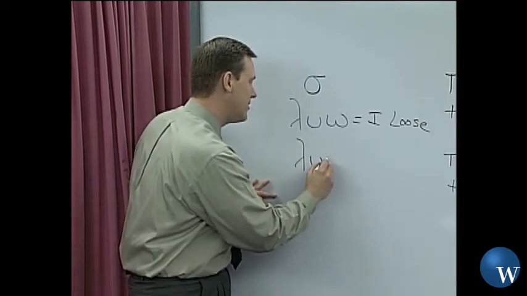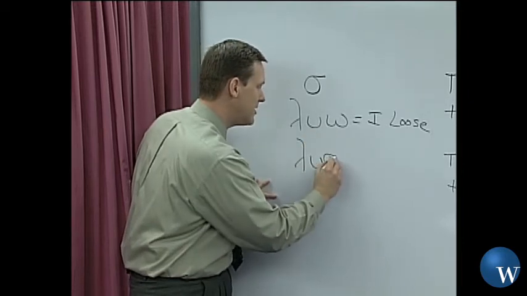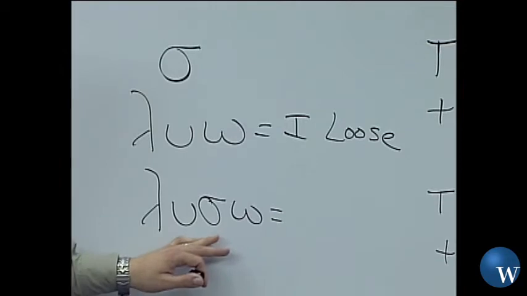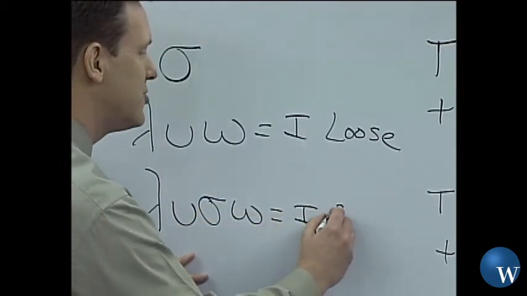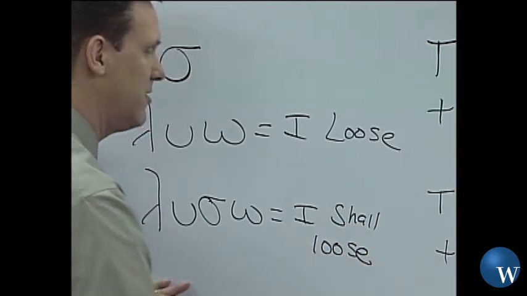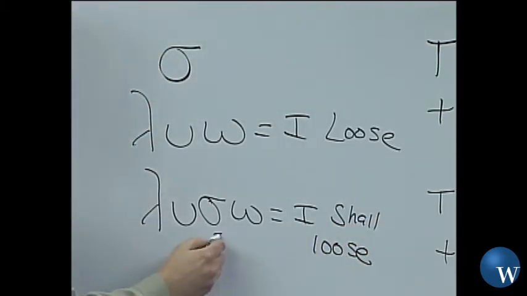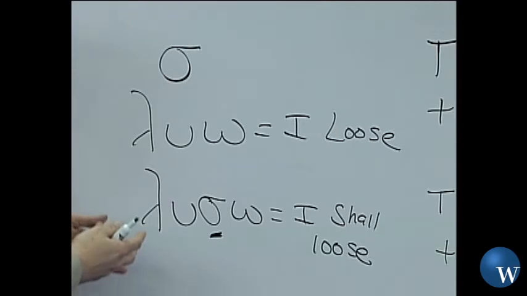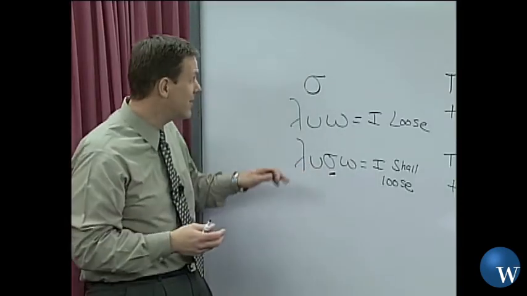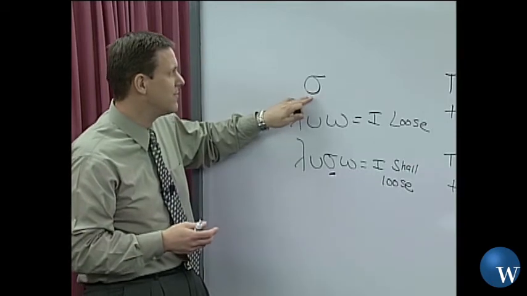If we wrote this same word but inserted a sigma here, this would no longer be I loose, but it would now mean I shall loose. That sigma, that sound, is telling us that this is future, that the loosing is going on in the future. So what you have here is a classic example of a morpheme.